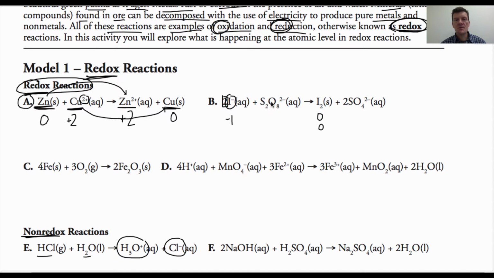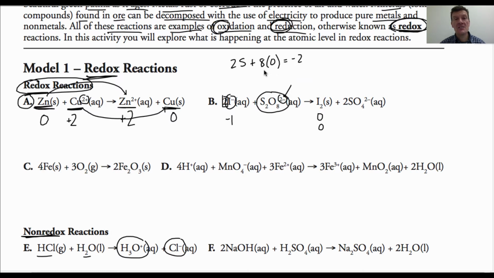Okay, let's talk about the other 2 here. Here you have a polyatomic ion. It's a compound with a charge on it, okay? And let's figure out what the S is going to be here. You've got 2 S's plus 8 oxygens that have to add up to the charge on this of -2.